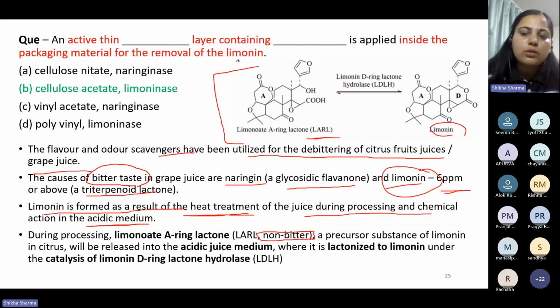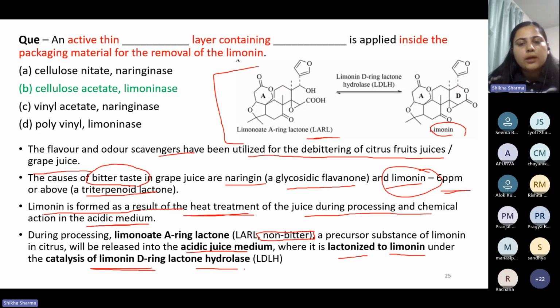It is a precursor substance of limonin in citrus fruits, and it is released into the acidic medium when the juice is acidic. This LARL lactonizes and is converted into limonin under catalysis of limonin D ring lactone hydrolase. Because of this enzyme, the compound LARL converts into limonin.